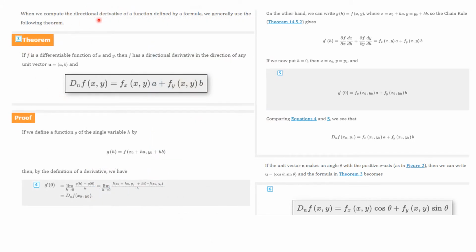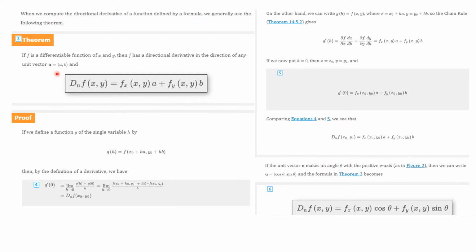Now, usually when we are computing, not estimating, the directional derivative, we have a formula and we have a function f. And so here's a theorem that we usually use to do the calculation. And here is a proof of the theorem, but let's just deal with the theorem right now. If f is a differentiable function of x and y, then f has a directional derivative in the direction of any unit vector u, which we're taking to be the vector <a, b>.